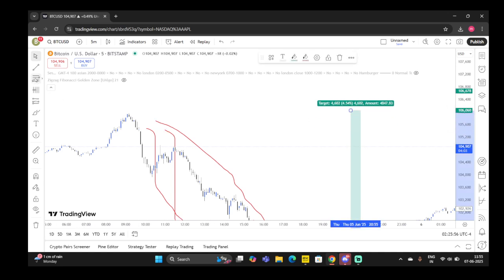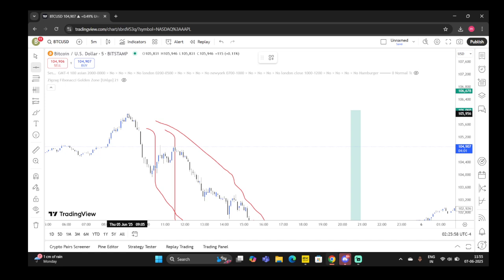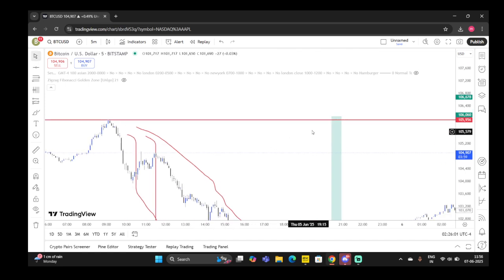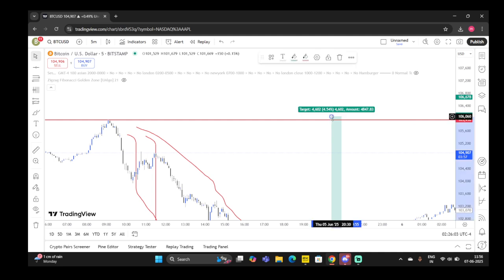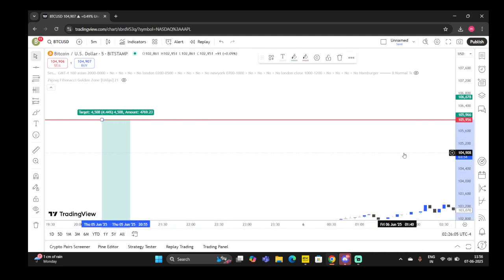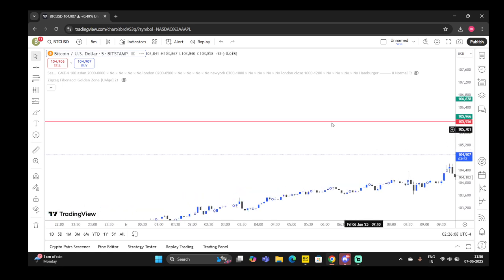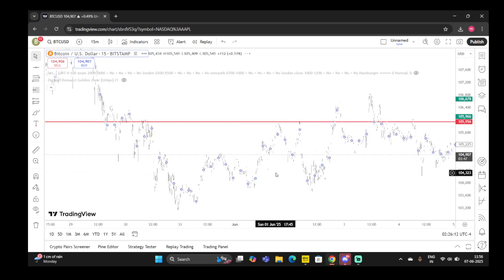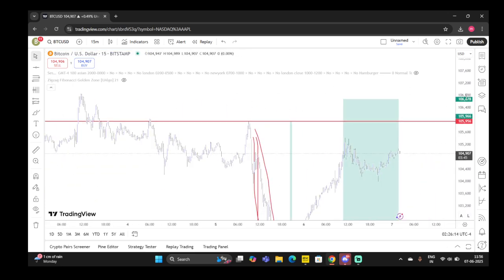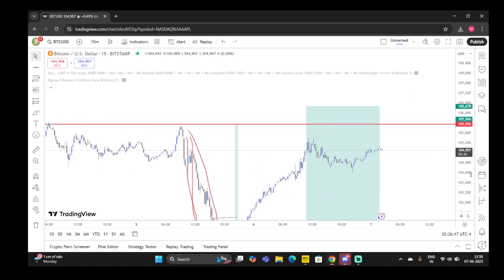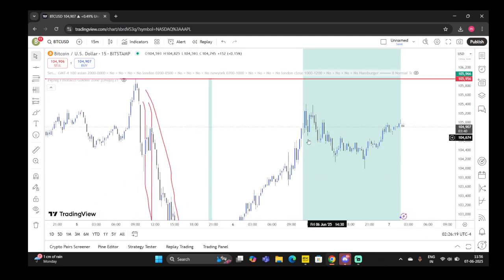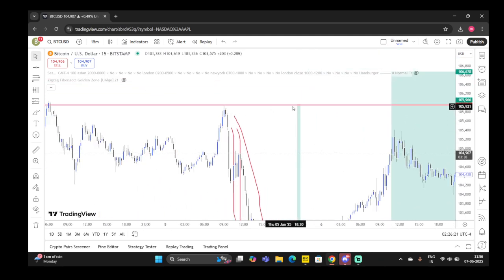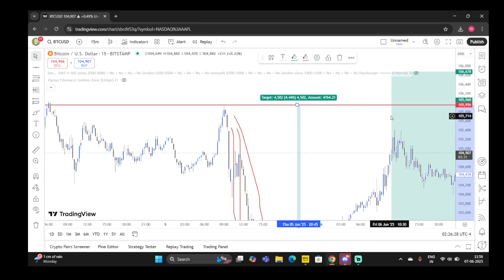Next, it is aiming for this one. Here, if I go into the 15 minutes chart, this target is yet to be filled or done.